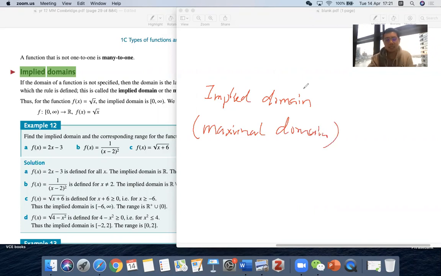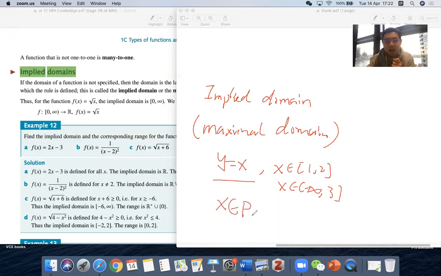For every function, we can have infinitely many domains. For example, y equals x. We can have the domain x belongs to 1 to 2, or x belongs to negative infinity to 3. They're all domains of y equals x. But for any function, the maximum domain or implied domain can only be one, okay? In this case, it is x belongs to R.